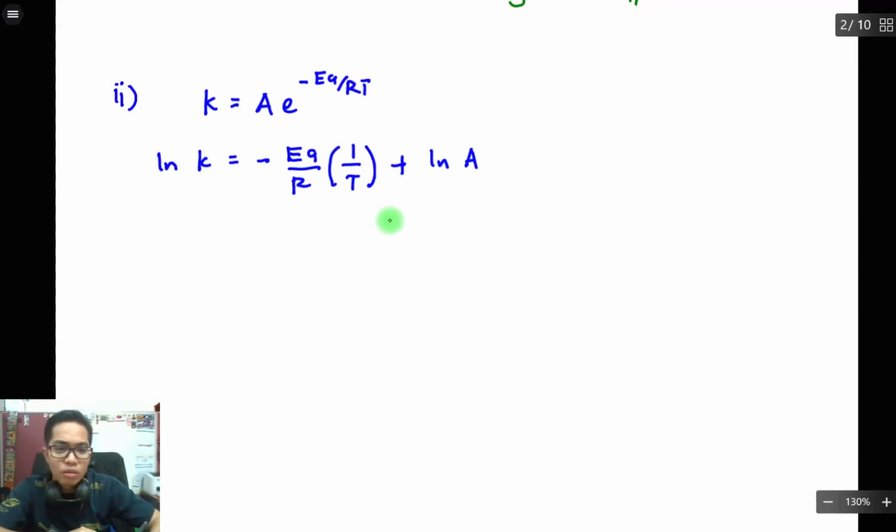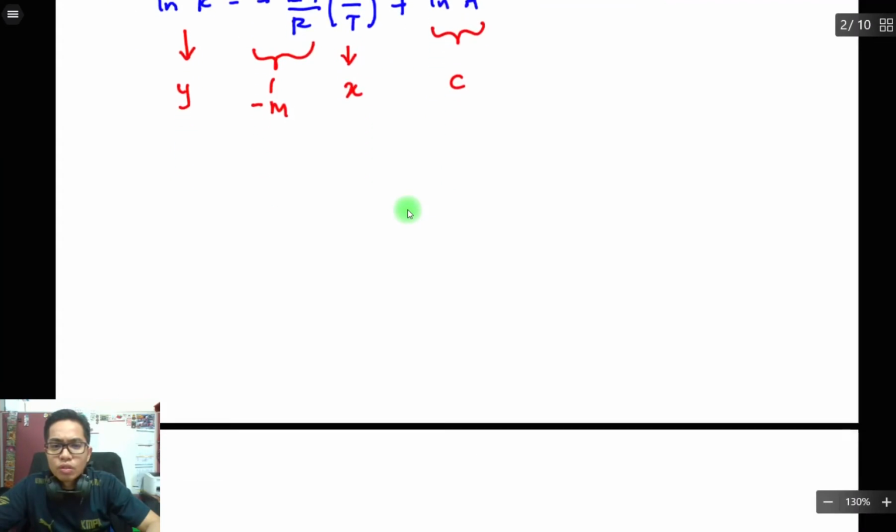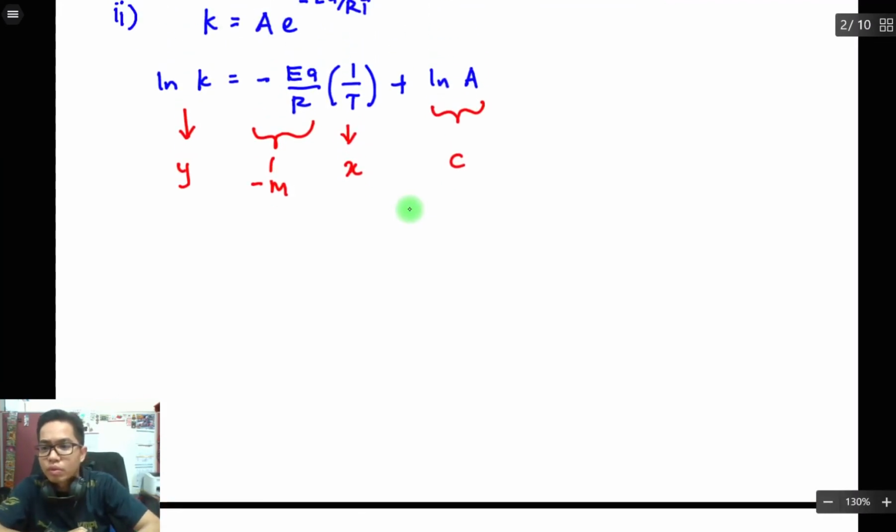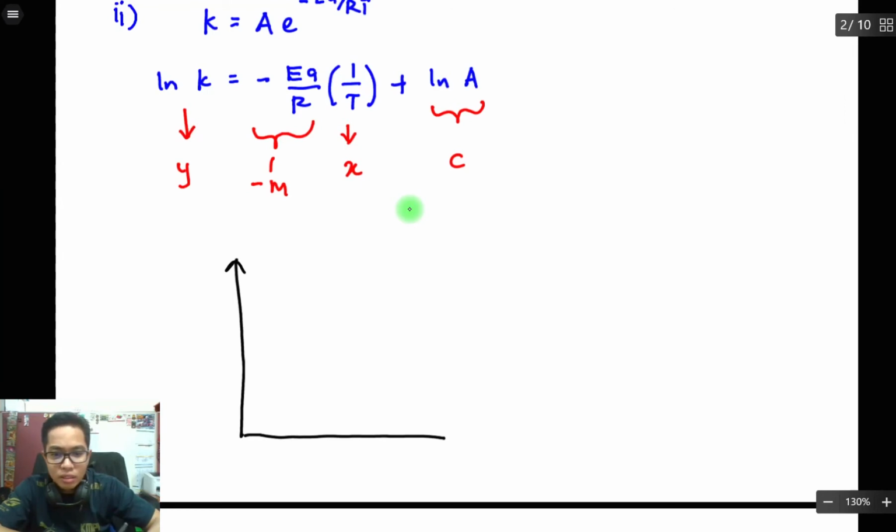So from this, what we should plot is ln k as our y, 1 over T as our x. Negative EA over R will be our negative m, the gradient, and ln A is our intercept c. Where is the black pen? So our graph will look something like this.